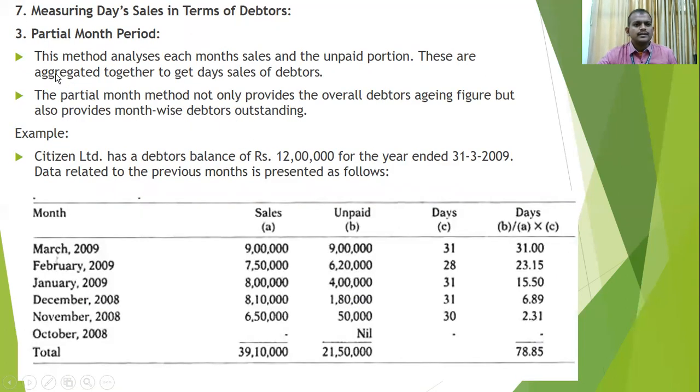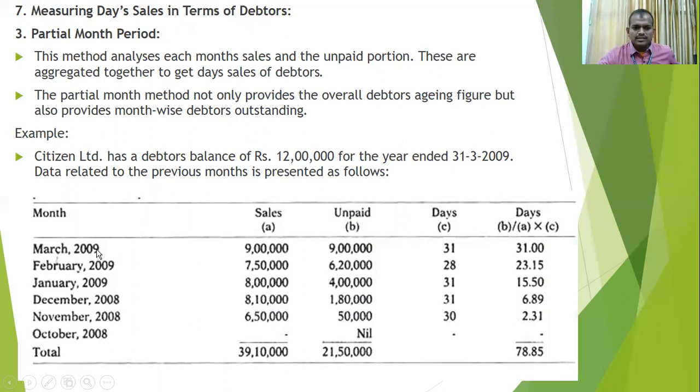Next, third method, partial month method. This method analyzes each month's sales and unpaid portion. Each month's sales are aggregated together to get the days sales of debtors. The partial month method not only provides the overall debtors aging figures, but also provides month-wise debtors outstanding.